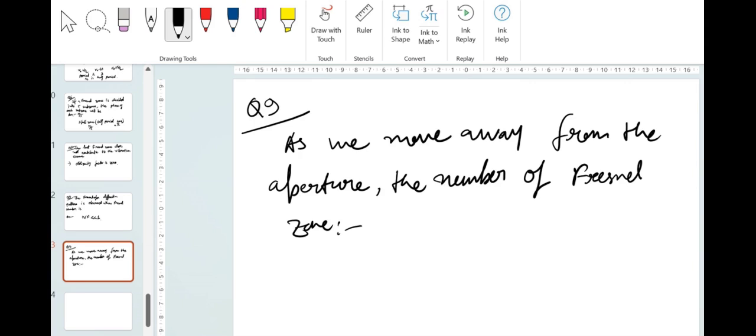When we move away from the aperture, fewer zones fit inside the aperture. Basically, when we go from Fresnel to Fraunhofer, the Fresnel number decreases. That means the number of zones that fit in the aperture decreases. So the answer is decreases.